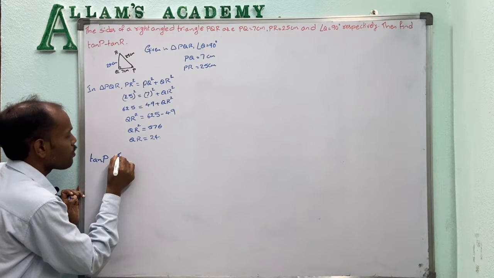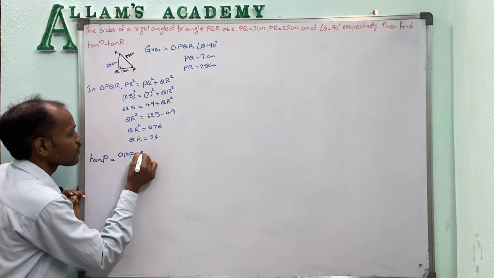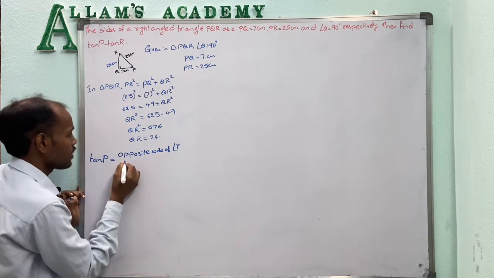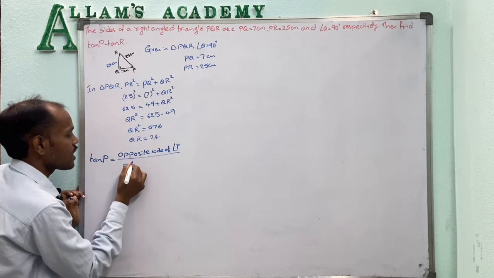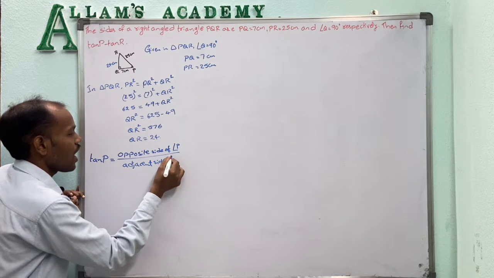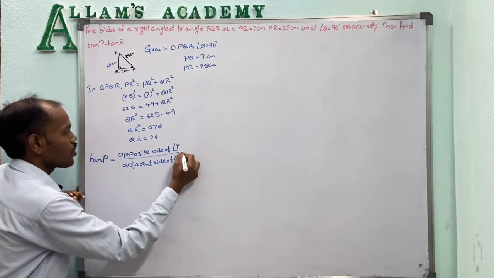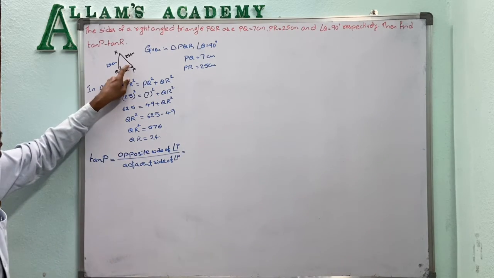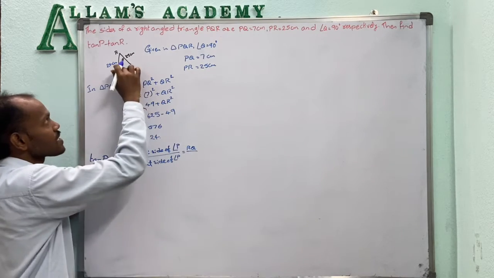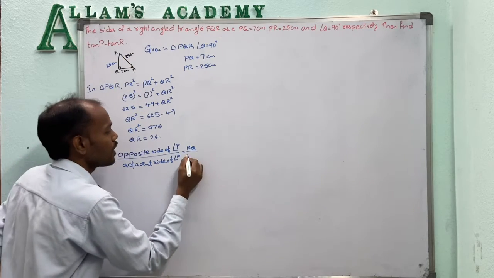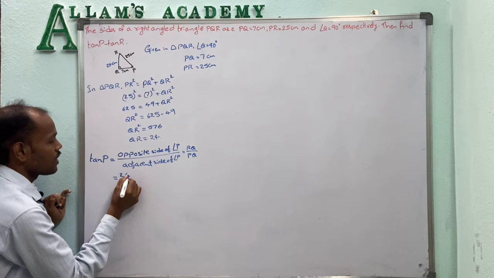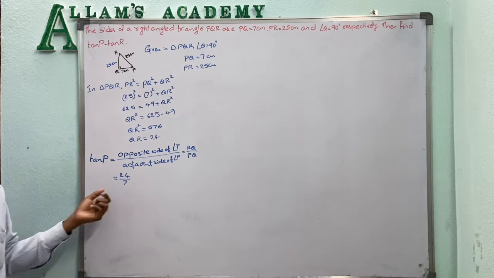That means opposite side of angle P by adjacent side of angle P. For angle P, the opposite side is RQ and the adjacent side is PQ. That means 24 by 7. Tan P equal to 24 by 7.